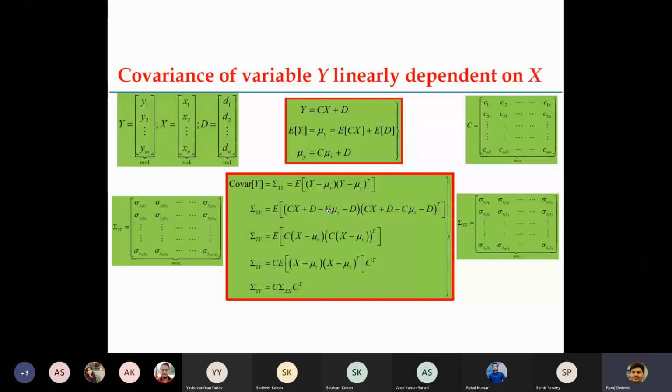When you take c out of the transpose bracket, c transpose would come out, and from here you would have c on the left hand side, so you would get c expectation of (x minus mu x)(x minus mu x) transpose, c transpose. So sigma yy would become c sigma xx c transpose. It's very simple.